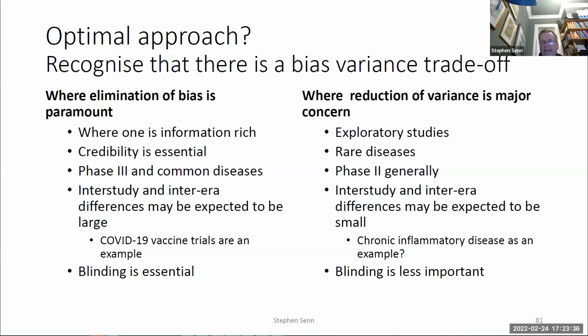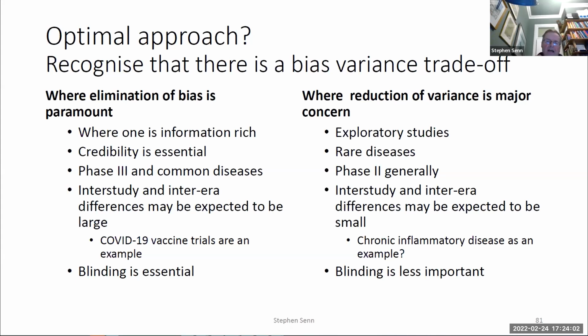And also where inter-study and inter-era differences may be expected to be large. So COVID vaccine trials are an example. In my opinion, it would have been disastrous to have used non-concurrent controls for such trials, but it's not the only case. It's been observed, for example, in trials in HIV, that patients who are recruited later have generally done better in terms of prognosis than patients who were recruited earlier.